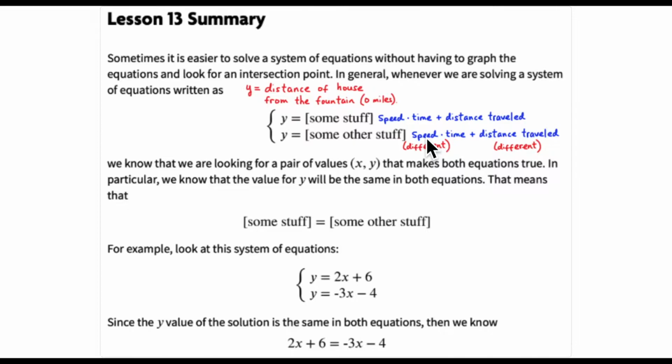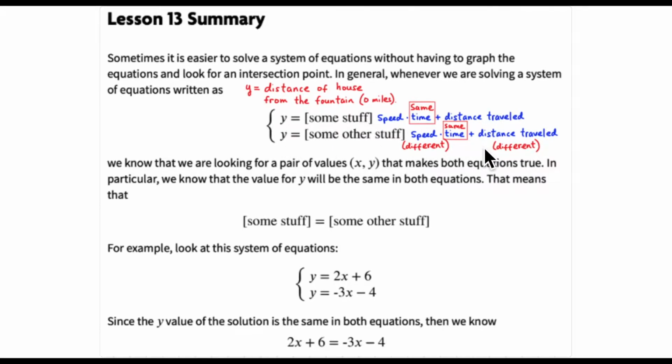So the speed is different, and the distance traveled is different because they're riding at the same time. They're riding at different speeds, so they're going to travel different distances. But this x value is going to be the same. It's the same amount of time that they're riding, and the house is the same distance away from the fountain. So y is the same for the system of equations, and x is the same for the system of equations. So it's the same time.